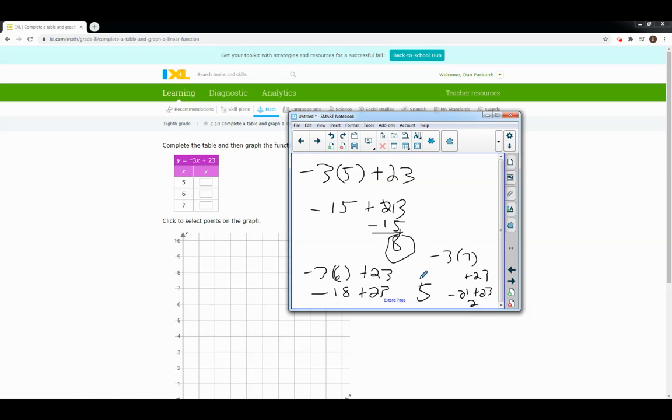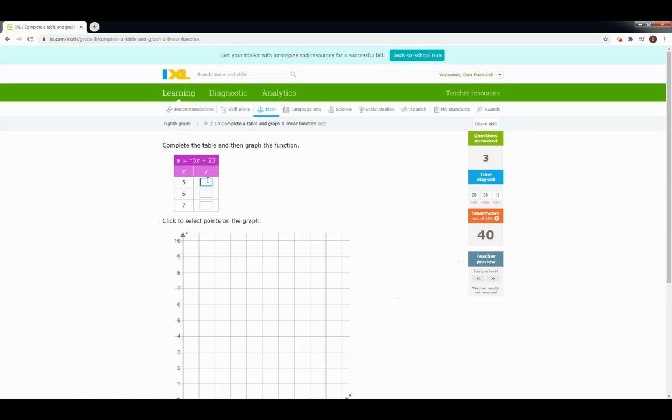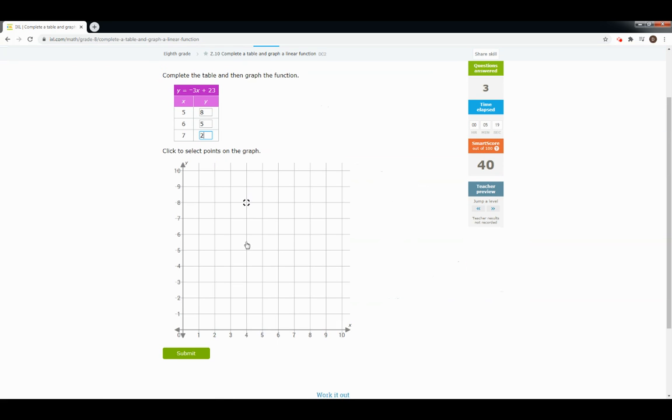So my answers are 8, 5, and 2. So we have 5 comma 8, and we have 6 comma 5. And this line is sloping downwards. This one actually has a negative slope.